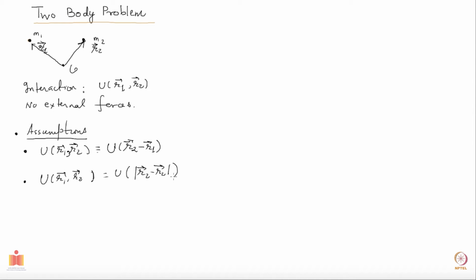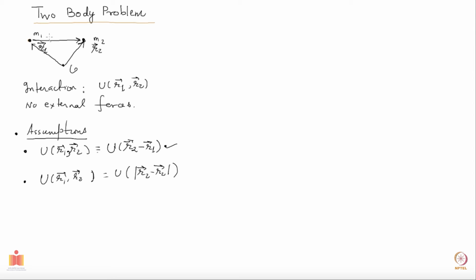This is clearly different from the previous one. Here it still depended on the direction in which R2 minus R1 will point. Let's say this is R2, this is R1, so this vector is R2 minus R1. When I write it this way, it means that the potential energy cares about which direction this vector is pointing.